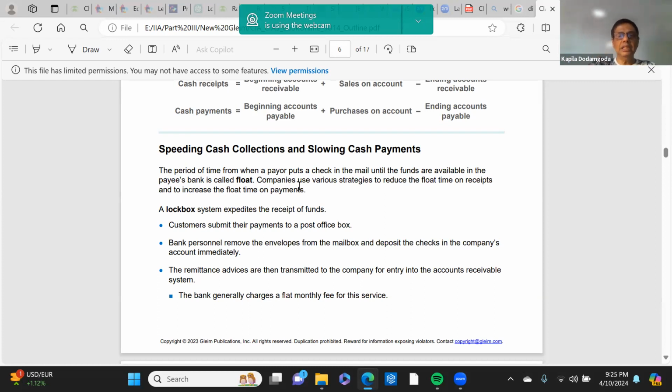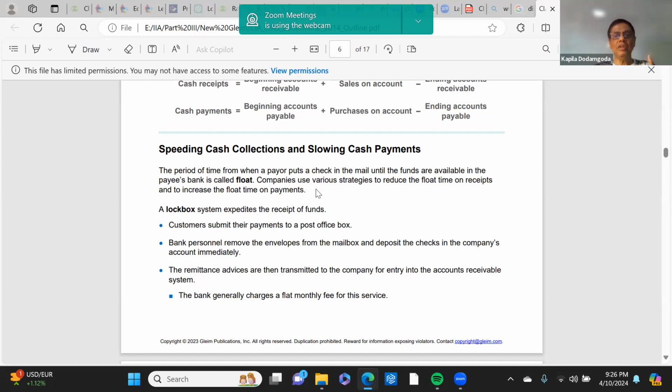Companies use various strategies to reduce the float time on receipts and to increase the float time on payments. Obviously, from your selfish point of view, the longer the float is, when you post the check to your supplier and your fund goes out, you're saving your fund.